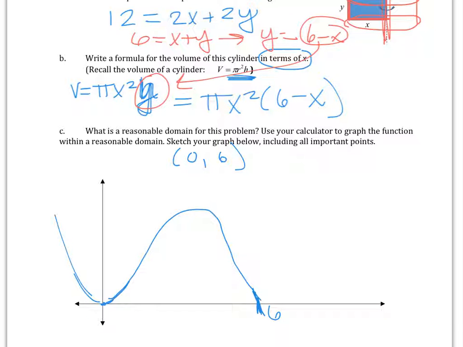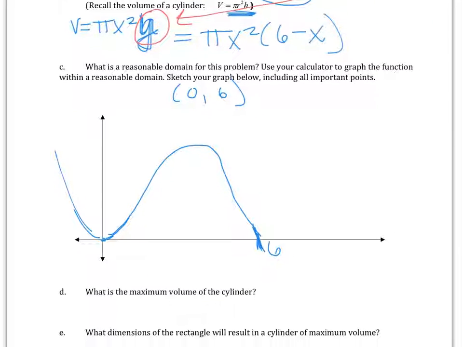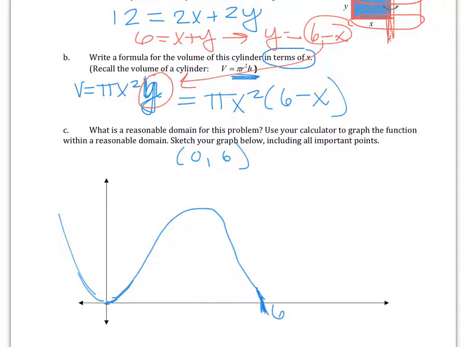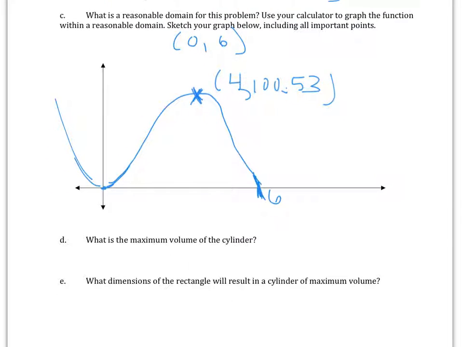And then I think the next question is, what is the maximum volume of the cylinder? We could use our calculators to find this maximum point here, and the maximum is at 100.53. So our maximum volume is 100.53, whatever the units are. I don't think I gave you units this time. So units cubed.